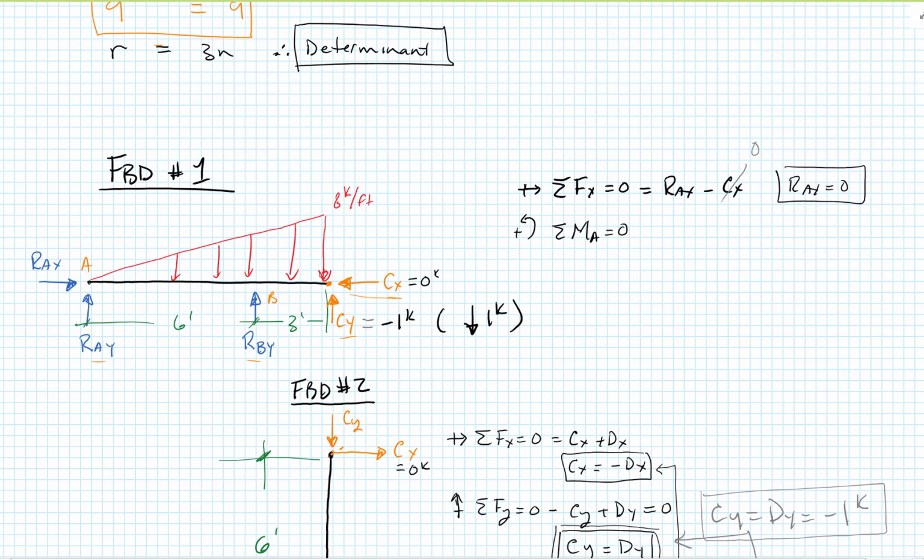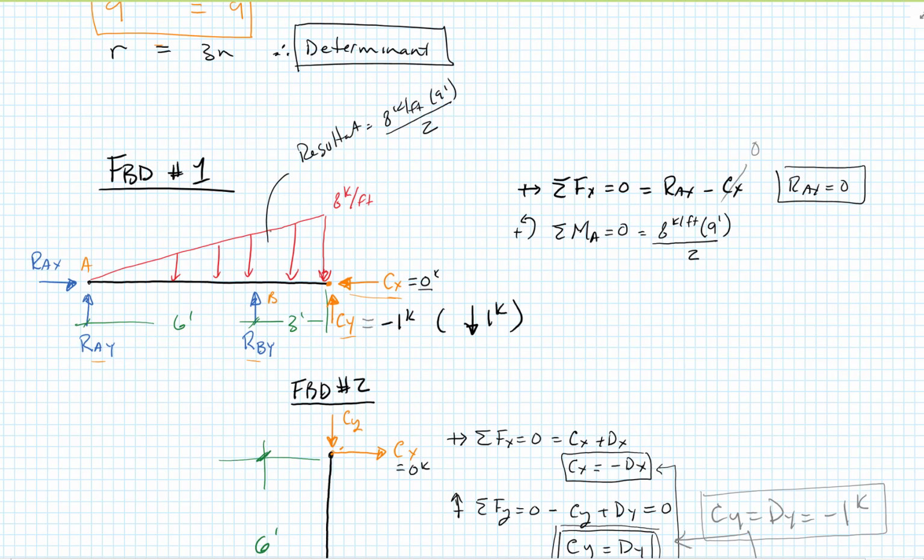The forces at Ra drop out because they go through that point. Cx is 0. So let's just go left to right. I get 8 kips per foot times 9 feet over 2. That's the area of my triangle. So the resultant is equal to 8 kips per foot times 9 feet, which is the whole base, divided by 2.